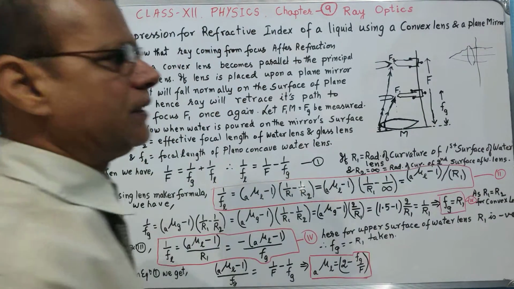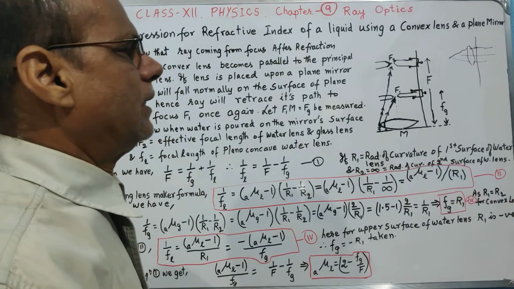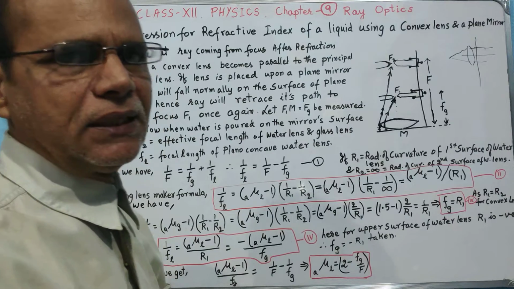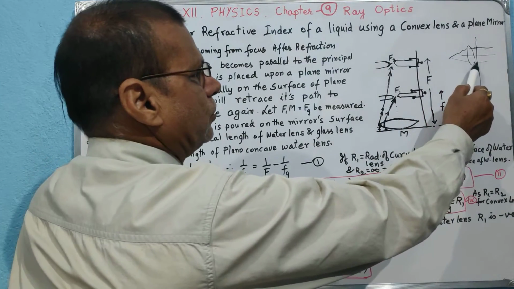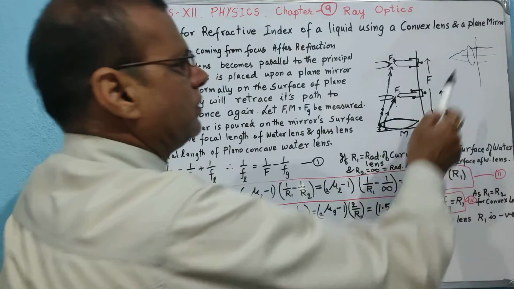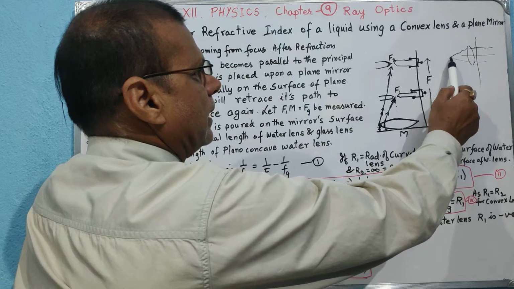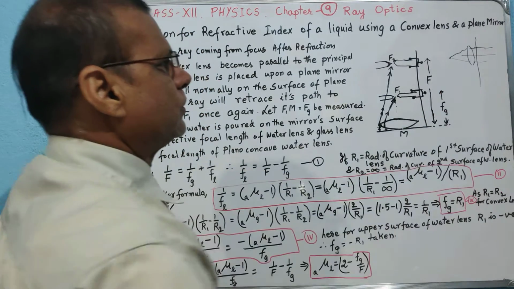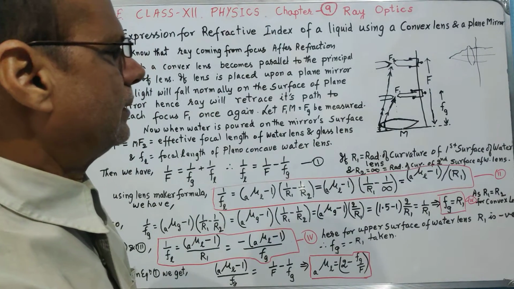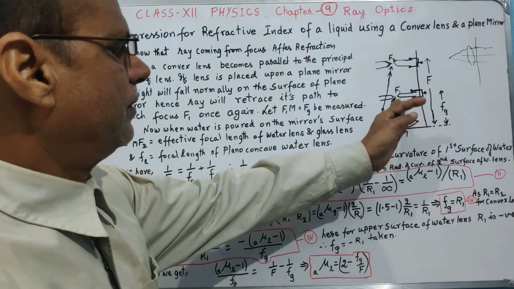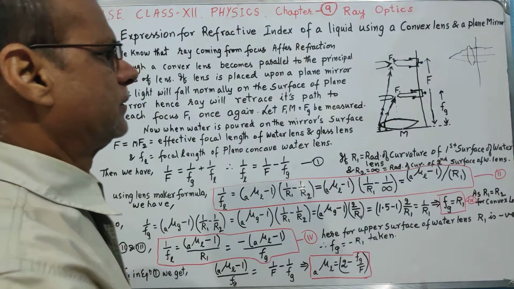The ray will be incident normally on the plane of the mirror, and if a ray is incident normally, it will retrace its path, it will return on the same path. And so, according to the principle of reversibility of light, this light ray will again meet at the same point from which it originated, and therefore we find the focal length of the convex lens.